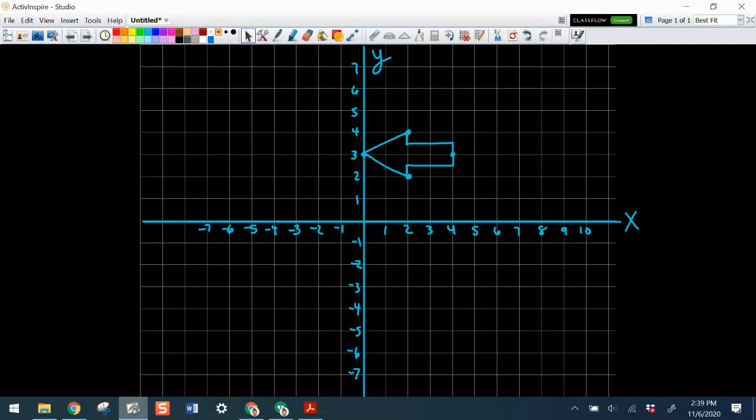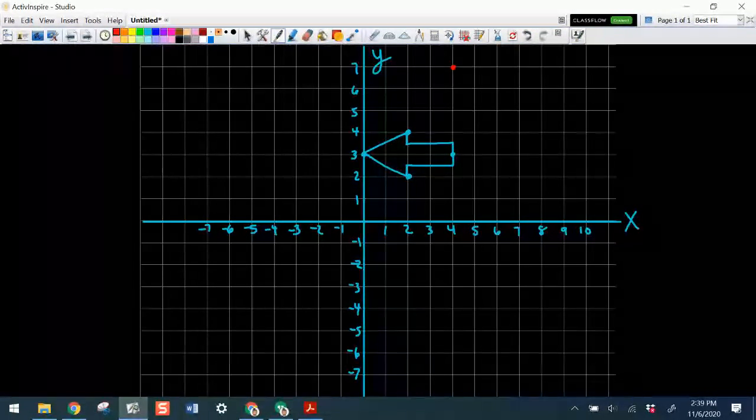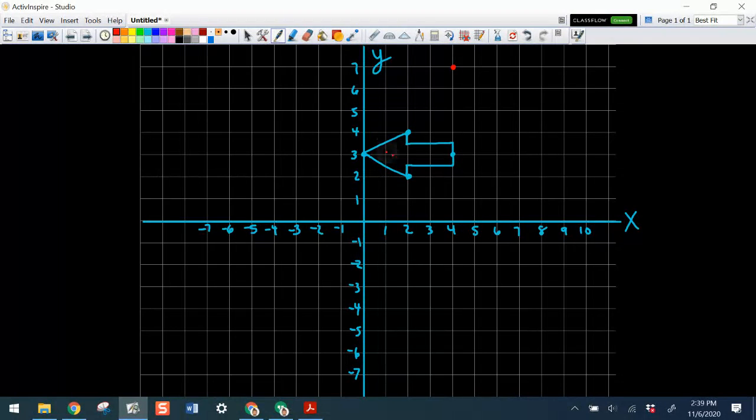So they want to know what rotation could I perform so that the tip of my arrow is located at 4, 7, which will be, let me use a different color, which will be right here. So we know that a rotation is a rigid motion. So whatever size and shape this pre-image arrow is, the image is going to be the same size and shape.